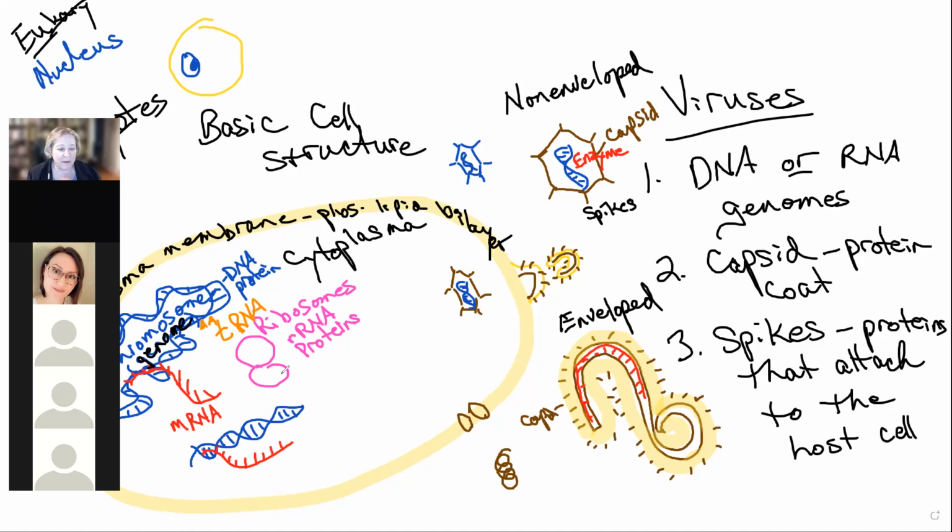And then these viral mRNAs get taken to the ribosomes, and the ribosomes start making viral proteins, okay, that eventually will snap together to make the capsid and all of that. So once they get into the cell, they do make viral specific enzymes, just not all of them get packaged into the capsid. All right, questions?